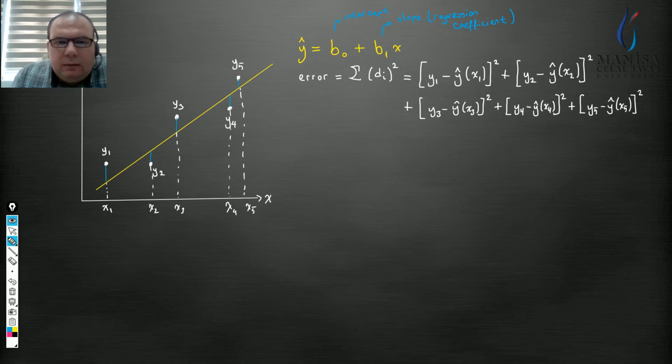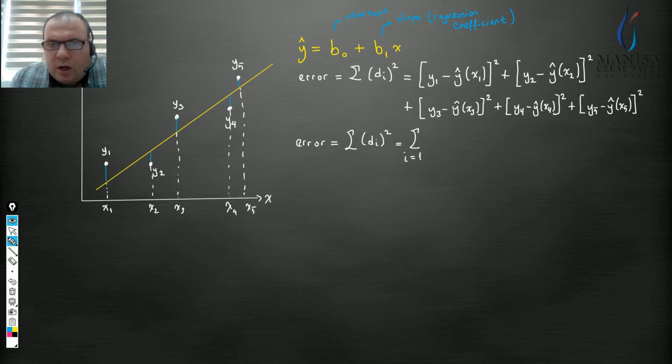I can write the error function by using the sum of these squared errors, and I can use the line function now. I'm going to take a sum starting from i equals 1 to lowercase n, and for this example we have n equals 5, with my line equation: yi minus y hat of xi, squared.